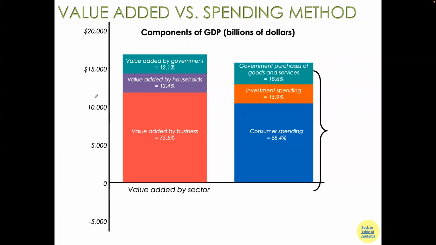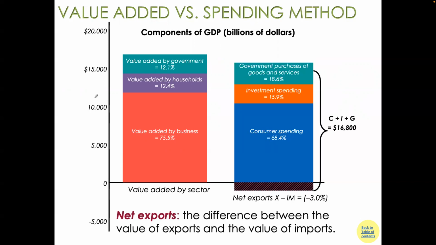Now, in terms of spending, the thing I want to highlight is that consumer spending is the largest item. It's close to 70%. And in terms of value added, you can see business creates the most. That's why later we talk about policy.